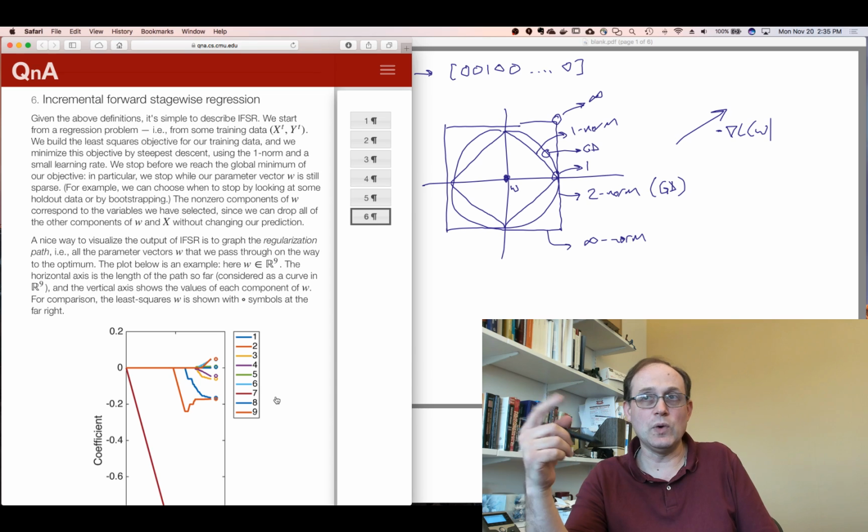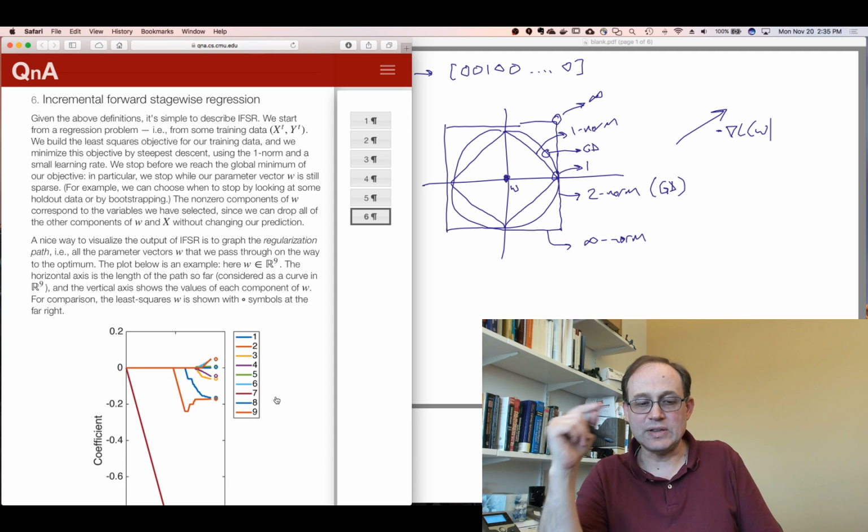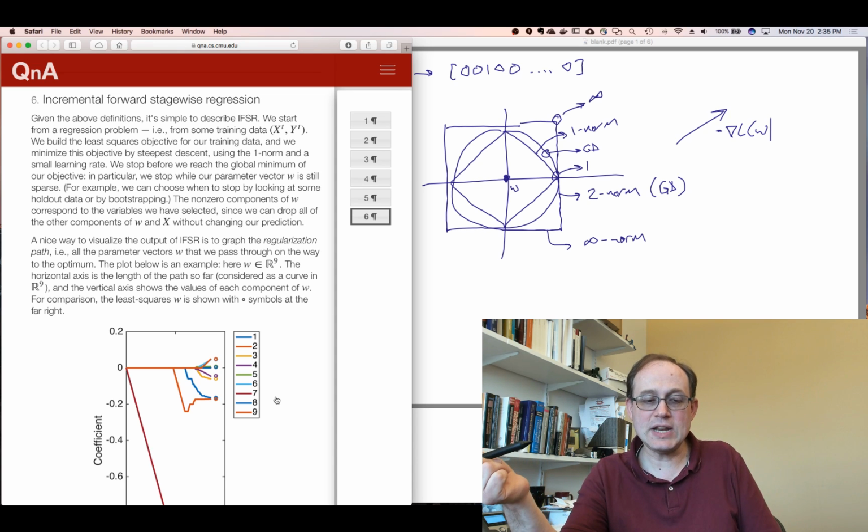That would mean we build the least squares objective out of our training set: the sum over all of our training points of the true y minus w times x_i, squared. That's the least squares objective. We could minimize it by gradient descent, but if instead we minimize it by steepest descent using the one norm, we get incremental forward stage-wise regression.